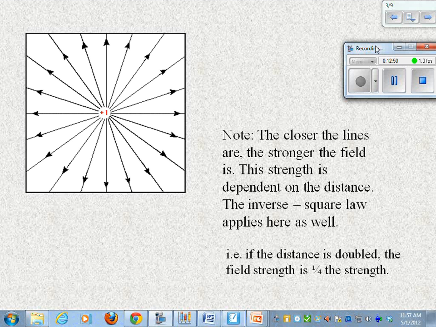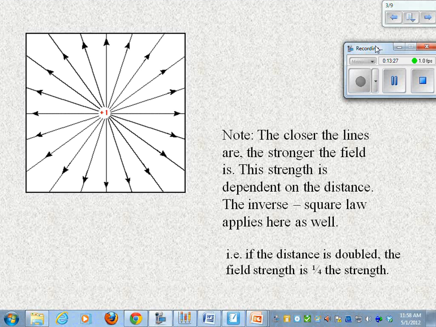1/4. What if the distance wasn't doubled? What if it was like 2.5 times? How would you do that? I don't need a fractional answer. Like how did I get that 1/4? Doubled, 2 squared is 4. So you put it on the bottom. So instead of doubling, it would be 2.5 times, so I'd do the same process.